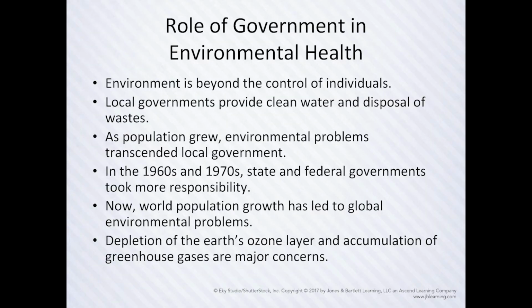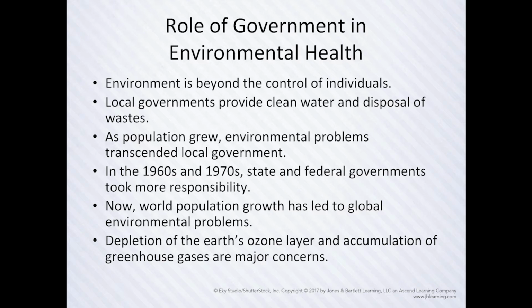What does the government do in environmental health? Well, each individual cannot control their own environment per se, so the government has established environmental regulations on environmental health. In the early days, local governments were supposed to provide clean and safe drinking water and dispose of waste, but as the population has grown, we've had many more environmental problems that have gone above and beyond the local government's abilities.